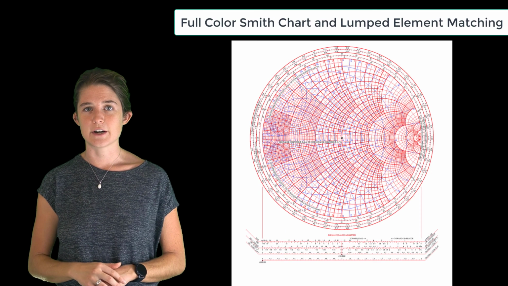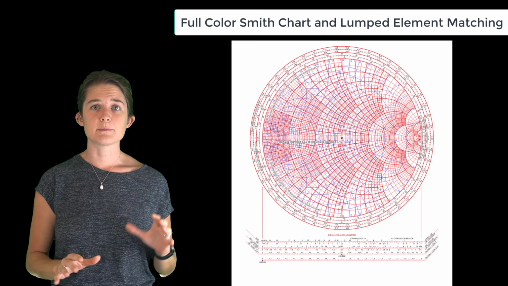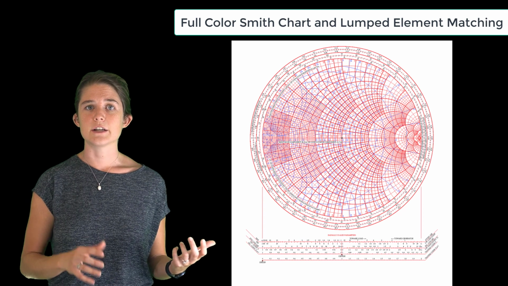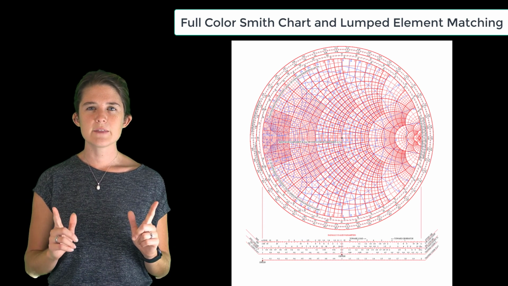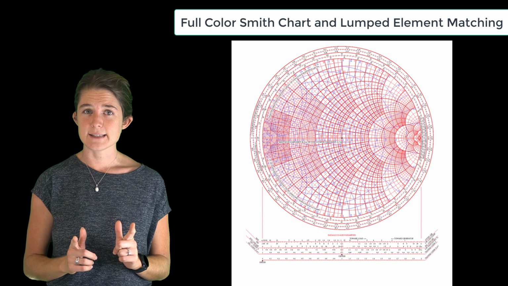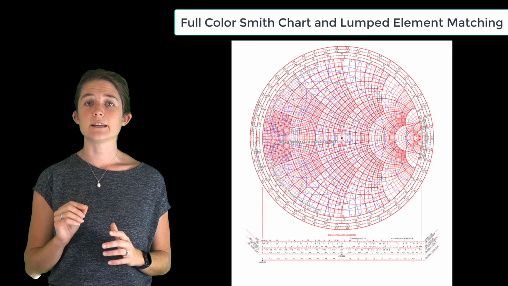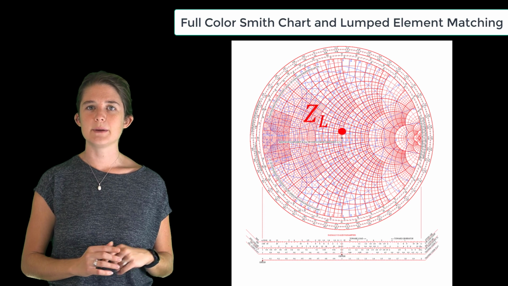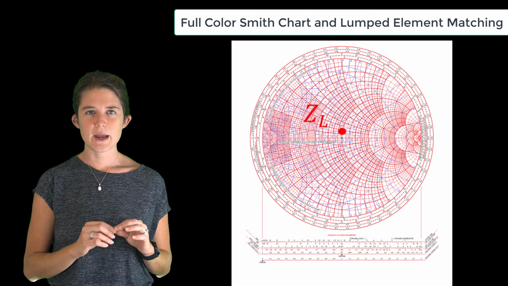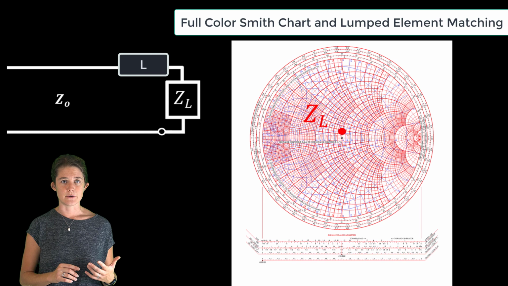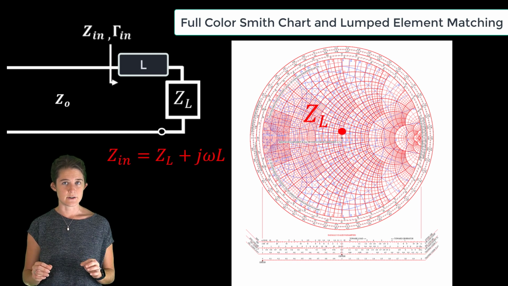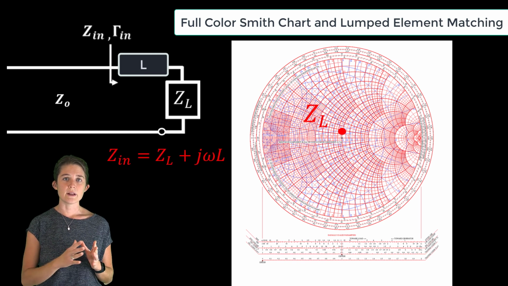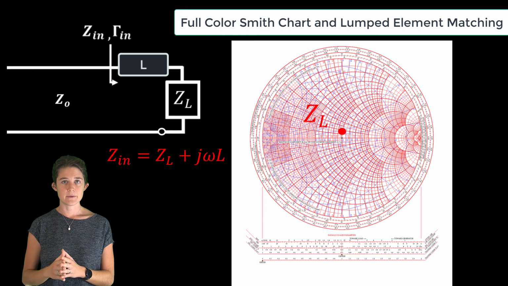Here's the full color Smith chart again. The impedance chart is plotted in red, and the admittance chart is plotted in blue. One of the things this full color chart makes really easy is impedance matching using LC networks. So consider this. Suppose we have a load with impedance ZL. If we add an inductor in series with this load, the reactance of the inductor, j omega L, will add to the reactance of the load.